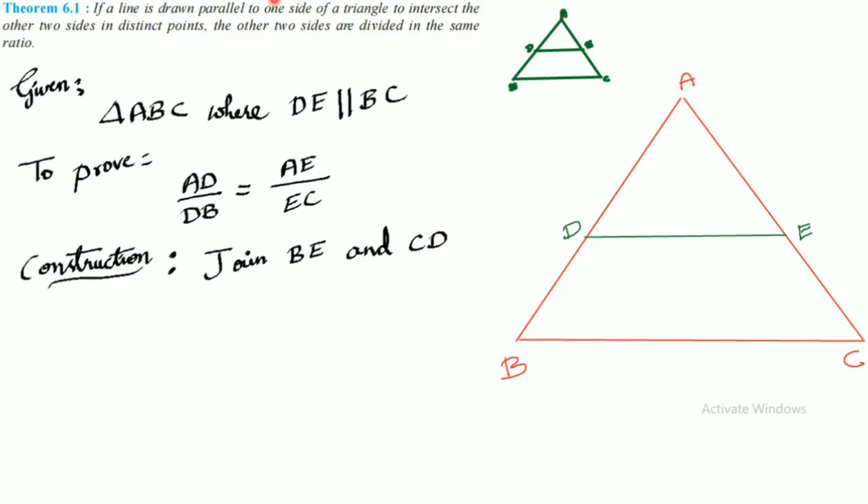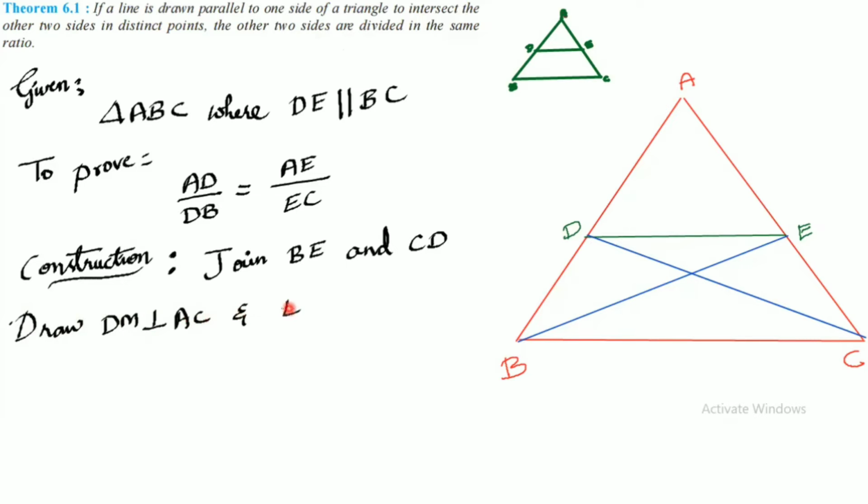The construction is joining BE and DC. Now we are going to draw DM perpendicular to AC and EN perpendicular to AB.